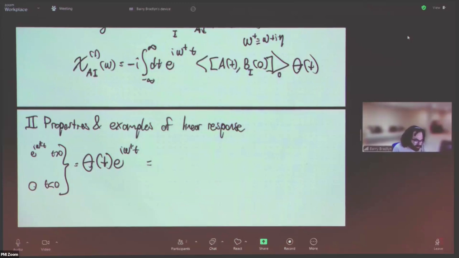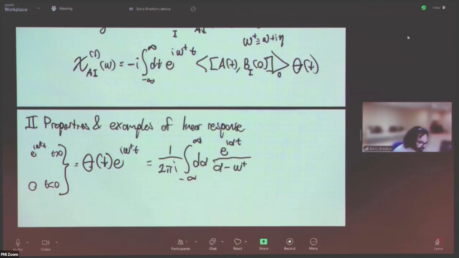And we can represent this function as an integral in the complex plane. So consider the following, using the residue theorem. Consider the following integral, 1 over 2 pi I, integral over some auxiliary variable alpha, e to the I alpha t over alpha minus omega plus.